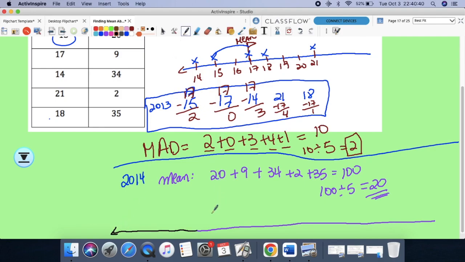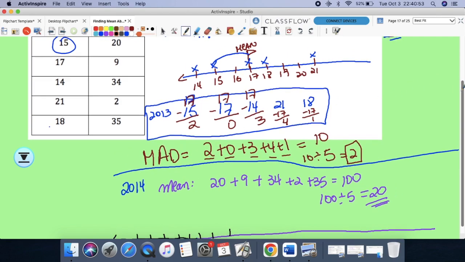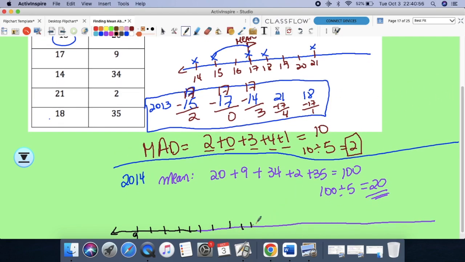So we have 9, 10, 11, 12, 13, 14, 15, 16, 17, 18, 19, 20. So here's 9, here's a 20. Now we need a 34. 21, 22, 23, 24, 25, 26, 27, 28, 29, 30, 31, 32, 33, 34.